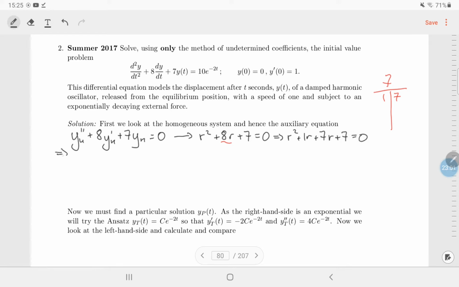I can take out the common factor of r out of the first two terms, I'm left with r plus 1. And I can take the common factor of 7 out of the second two terms, r plus 1. And now I've got a common factor of r plus 1, so r plus 1 times r plus 7 equal to 0. Two numbers multiplied together giving me 0. Either the first one is 0 or the second one is 0.